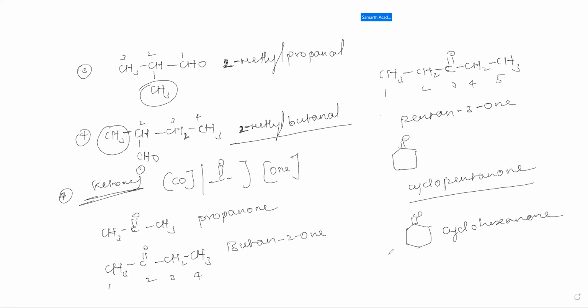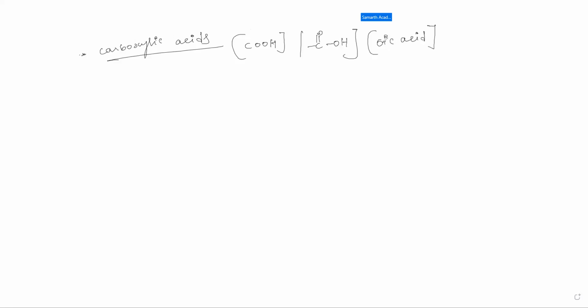This is ketones. When we come to the next functional group, carboxylic acids. The carboxylic acid functional group is COOH. You can write it in the form of C double bond O, OH, and the suffix is oic acid.